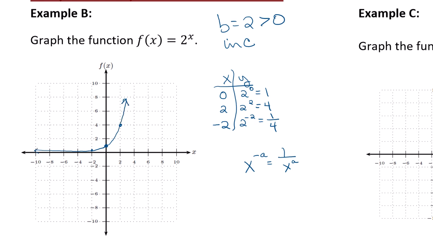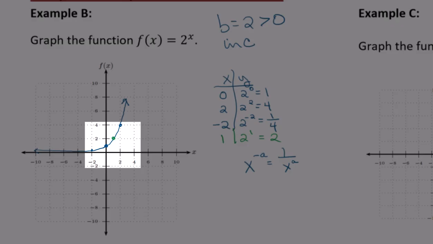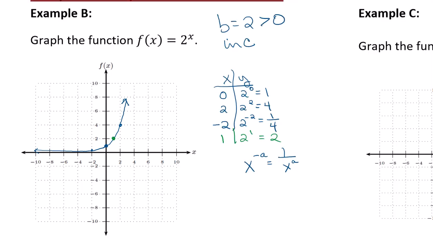Couple of things that you might notice. First of all, one of the numbers that we didn't plug in was 1. 2 to the first power just gives us 2. Notice we have the point 1, 2. So whenever we plug in 0, we're going to get a 1. Whenever we plug in 1, we're going to get our base.